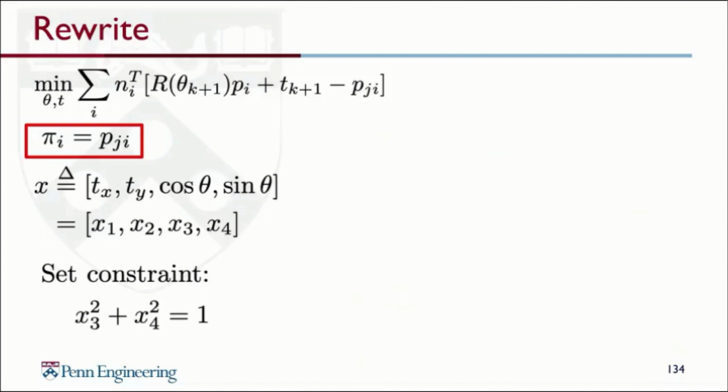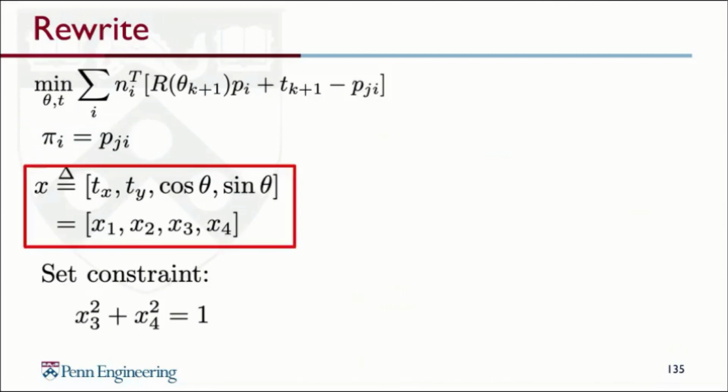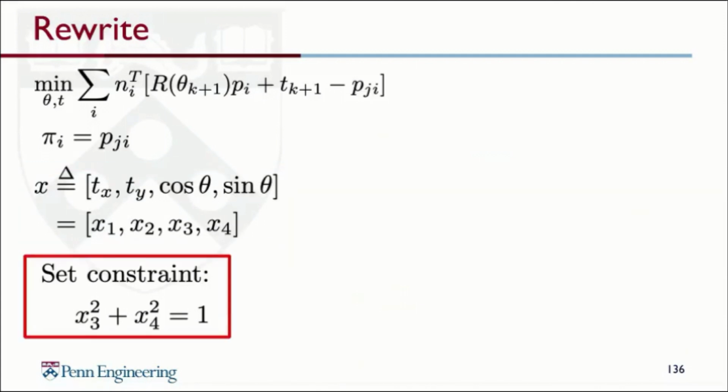First, we define pi_i to be p_{j_i}, which is the corresponding point for the transformed point. We define the state vector x to represent the transform q, where the components correspond to the translation in x and y, and also an equivalent expression for the angle theta using cosine and sine is obtained by setting the constraint x3 squared plus x4 squared is equal to 1.